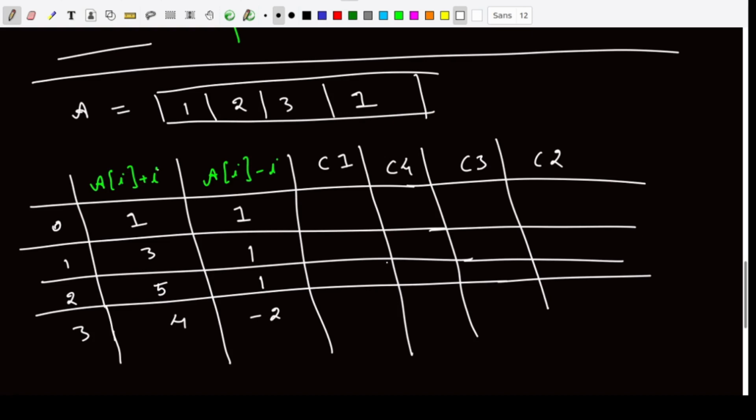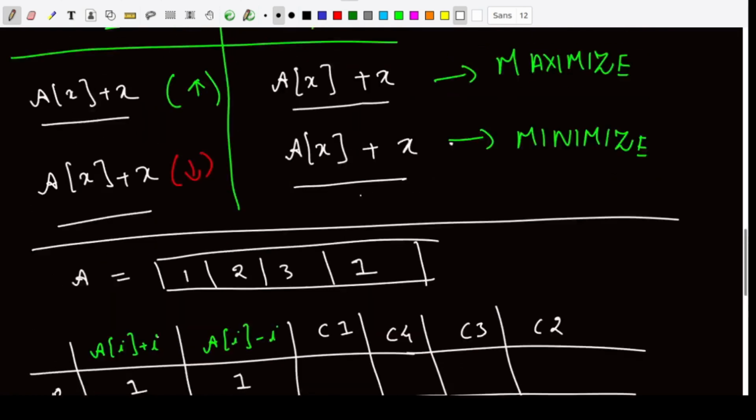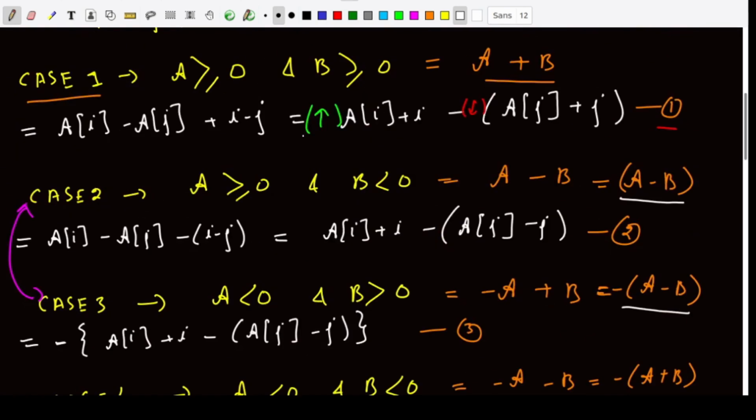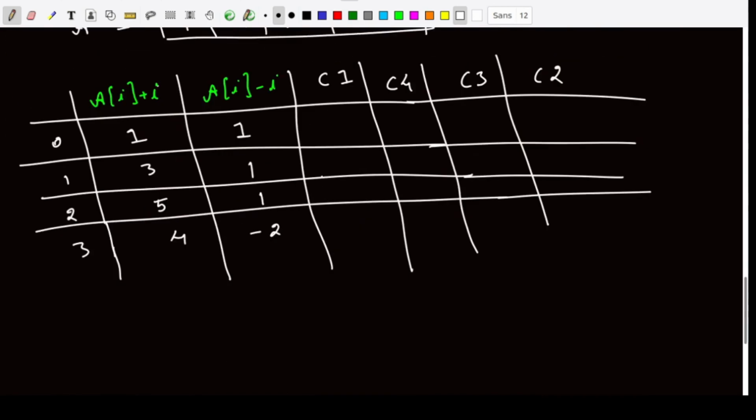Now let us try to find out the maximum value which I can obtain using case 1. Case 1 says find the maximum value of ai plus I and find the minimum value of aj plus j, and then subtract these two values, right? So basically we want to operate on ai plus I in case 1.